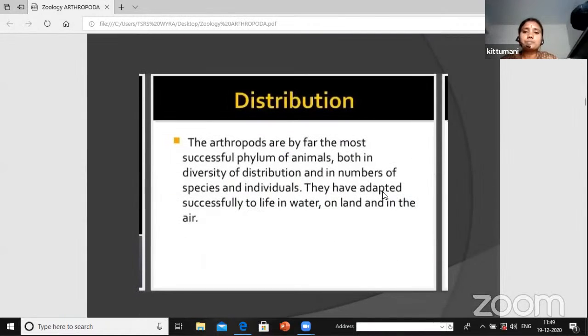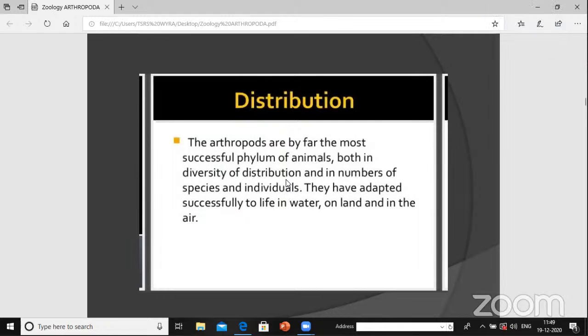Okay, here the distribution: the arthropods are by far the most successful phylum of animals because they particularly live in a land portion. Okay, here the number of the species is also very increasable.